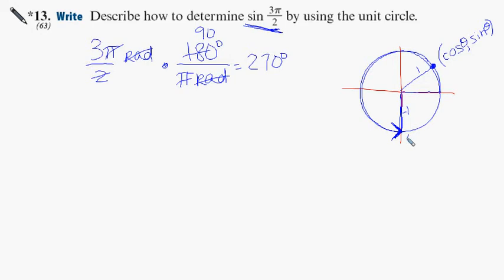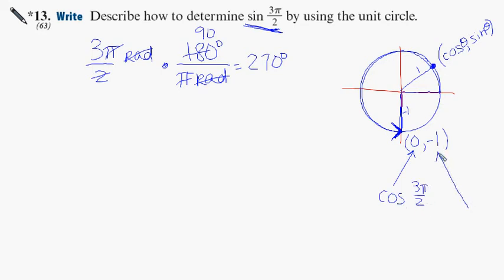So what are the x, y coordinates? Well, the x coordinate is 0, the y coordinate is -1. Okay, so what does that mean? That means that for this value, we have the cosine of 3 pi over 2.